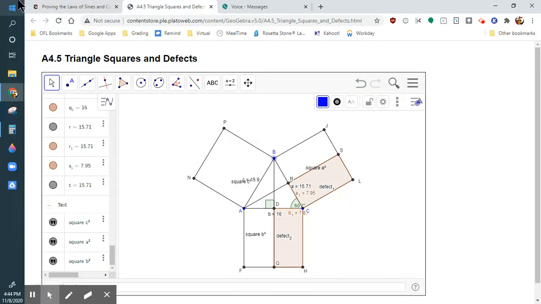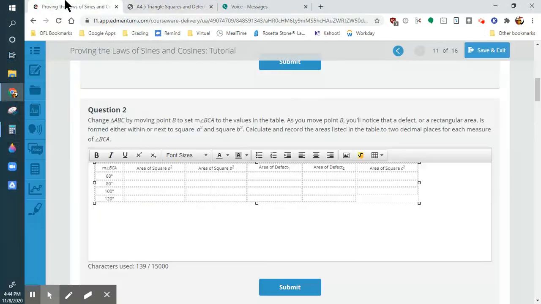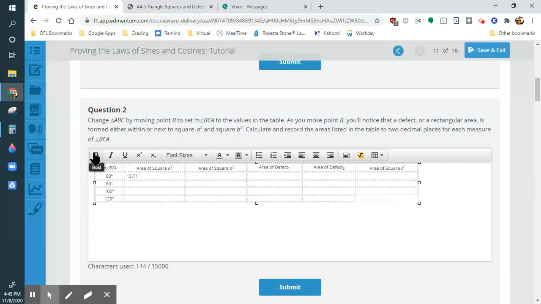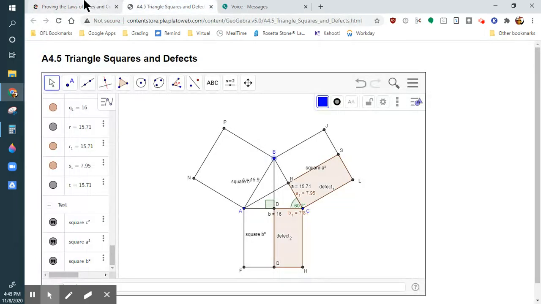That's 15.71. Let's see this. 15.71. Area defect one. So the area defect one would be 7.95.